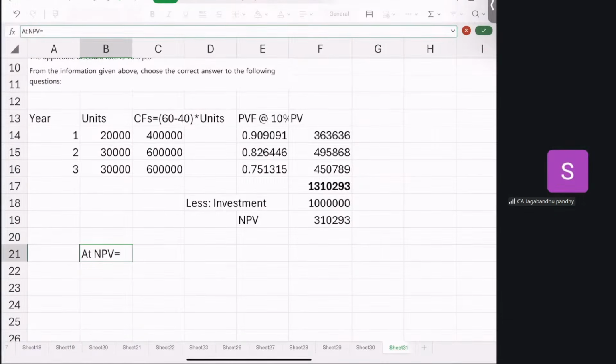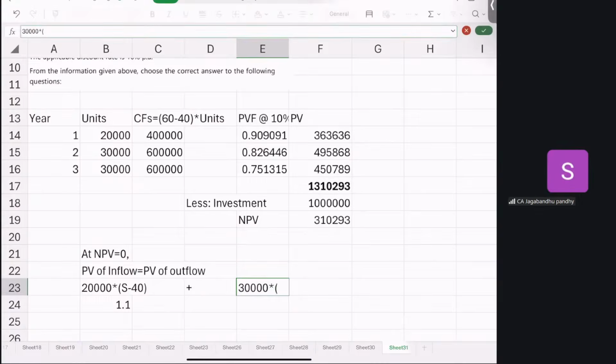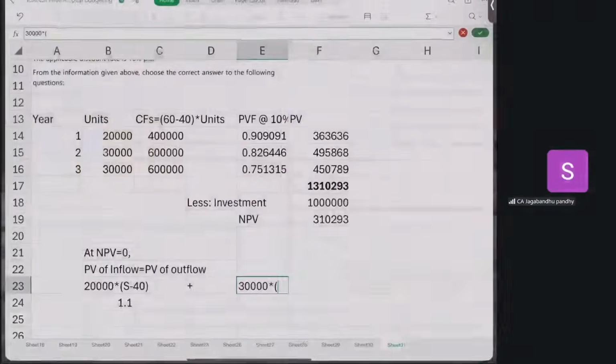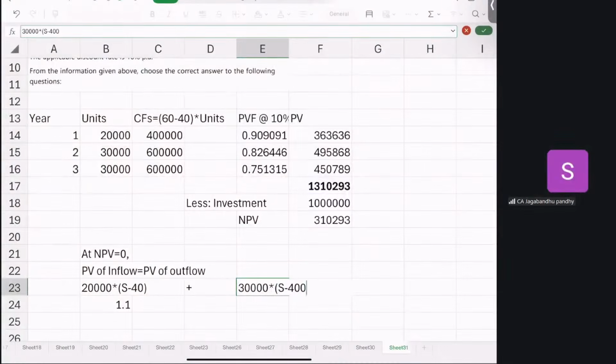At NPV equal to 0, PV of inflow should be equal to PV of outflow, right? So PV of inflow will be what? 20,000 into sale price minus 40 divided by 1.1, plus 30,000 into sale price minus 40 divided by 1.1 raised to 2.